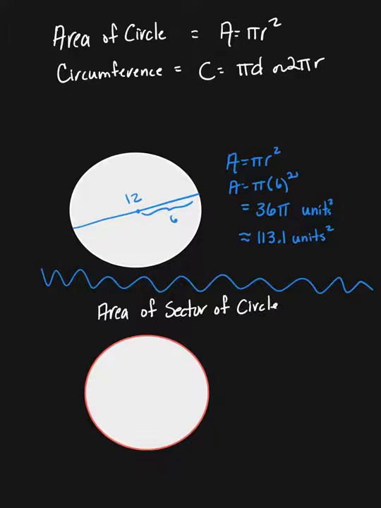Now, a sector is a slice of the circle, just like if I take a slice of pie or a slice of pizza. The sector is bound by 2 radii and an arc piece of the circumference.